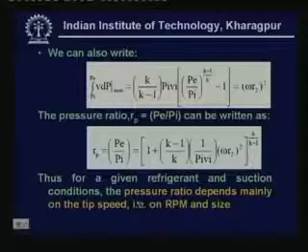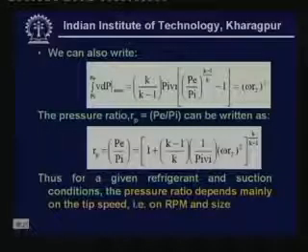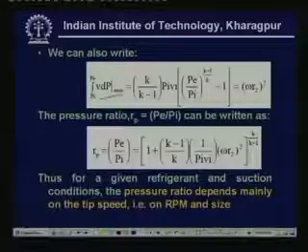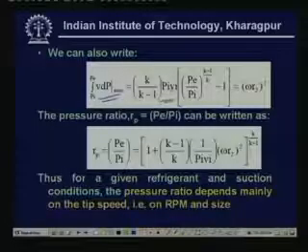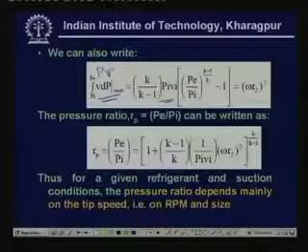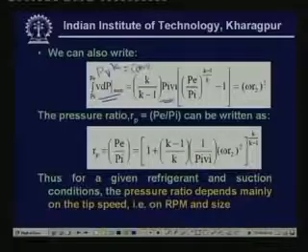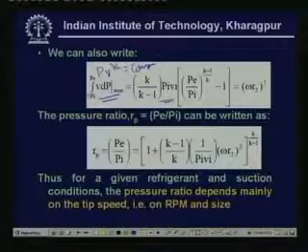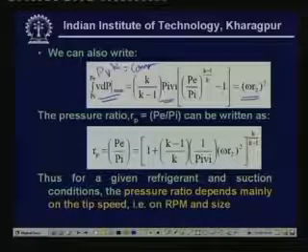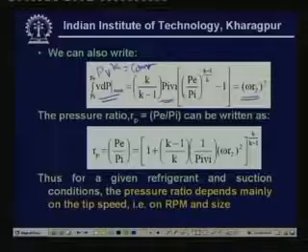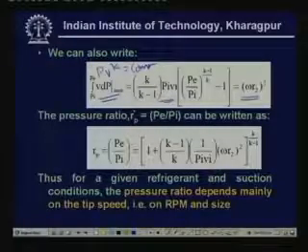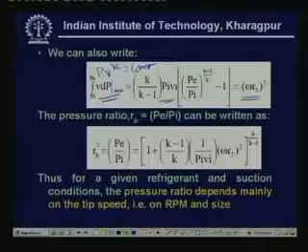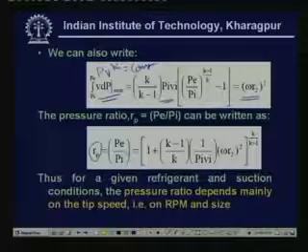We can also perform the integration, and you get this expression, because for an isentropic process, as you know, PV to the power of k is constant, where k is the isentropic index of compression. So if you substitute that here, you get this expression, and this whole thing is equal to omega into R2 square. From this expression, with a simple mathematical manipulation, you can show that the pressure ratio Rp, that is the discharge pressure divided by the inlet pressure, is given by this expression.